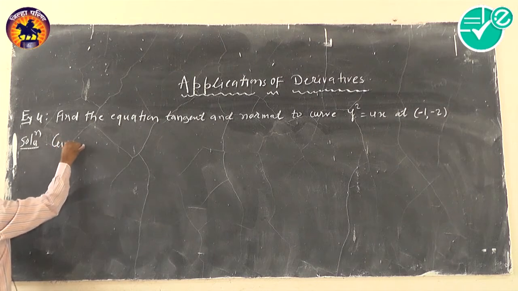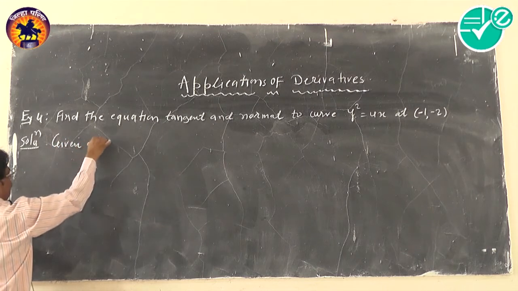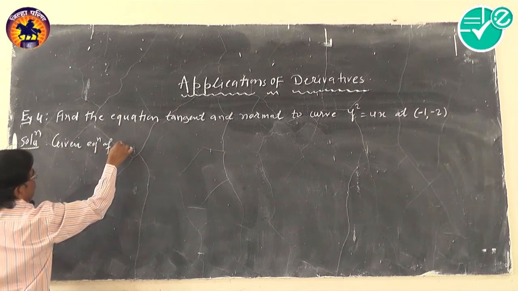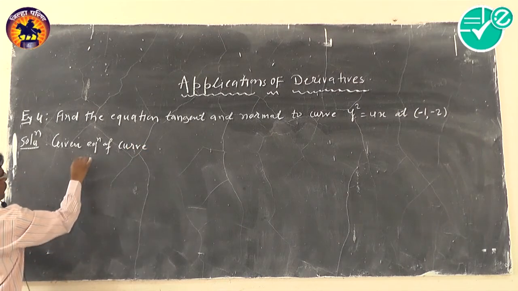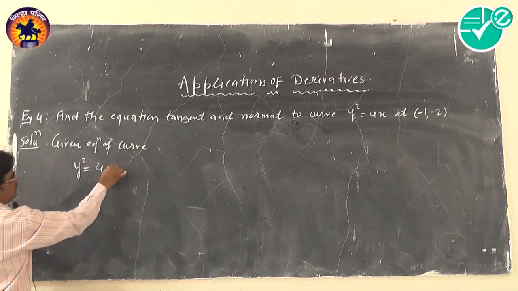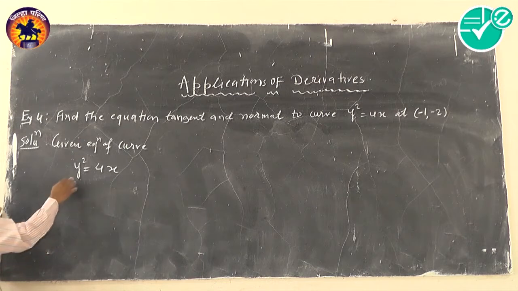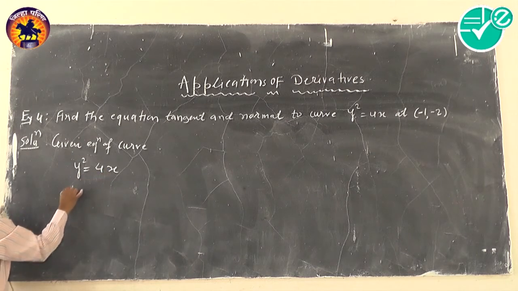Given the equation of the curve y square is equal to 4x, y is a function of x, differentiating with respect to x.